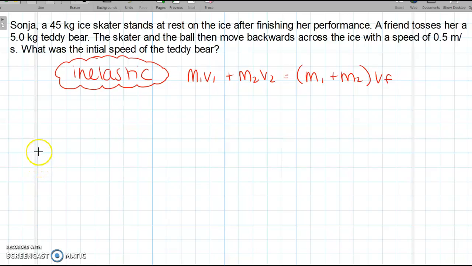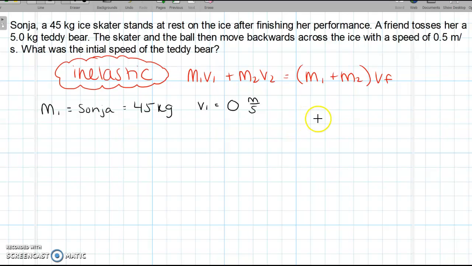Okay, so let's identify what we're given in the problem. So M1, I'm going to call Sonia, and she has a mass of 45 kilograms. And she's standing at rest on the ice after she finishes her performance, so V1 is going to be 0 meters per second.